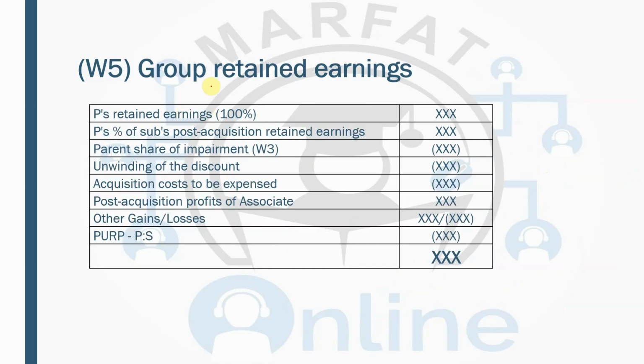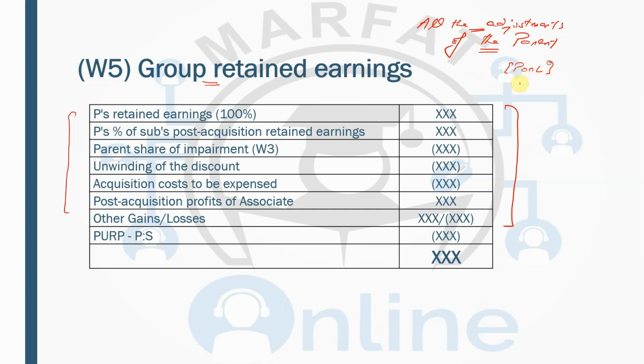And then you will have working number 5, which is the group retained earnings, and you will see all the adjustments related to the parent in this working, because I have already told you that we are going to take the equity of the parent only. And remember, we are going to take all the adjustments which are related to profit or loss.